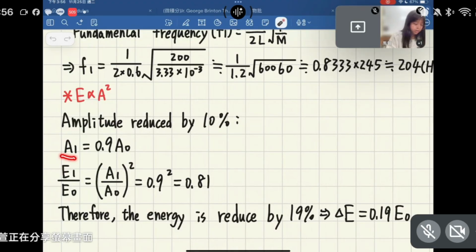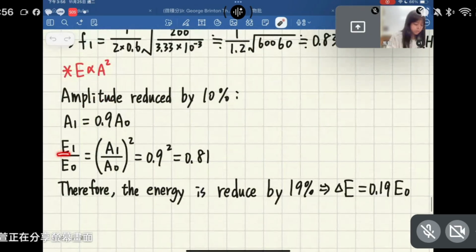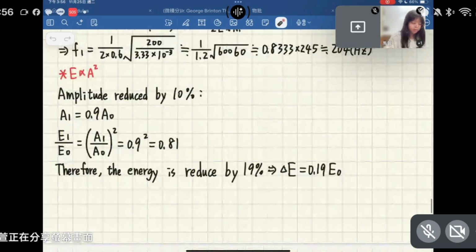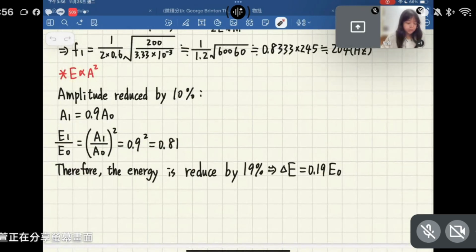So A1 equals 0.90 A0, and the energy proportion equals A1 over A0 squared. After calculation, we can get the proportion is 0.81. Therefore, the energy is reduced by 19%.